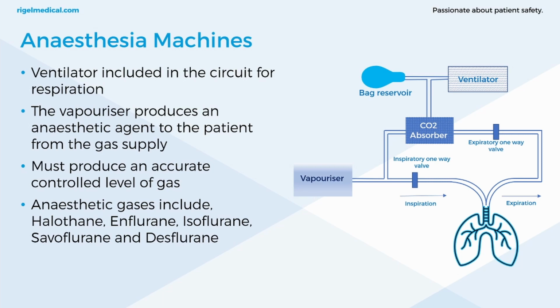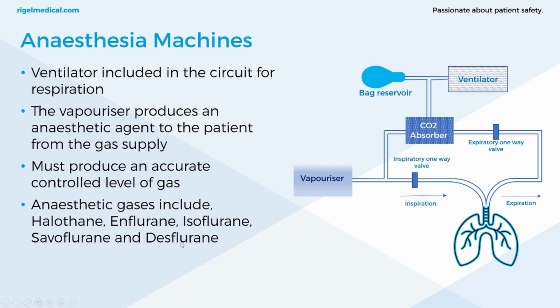flowing in. Now, the design of these vaporizer devices takes into account of varying conditions, such as the ambient temperature. So it needs to have all the correct settings to correctly vaporize these types of gases. And they can include halothane, enflurane, isoflurane, sevoflurane, and desflurane.